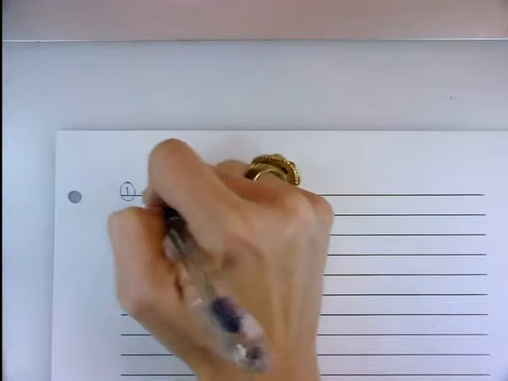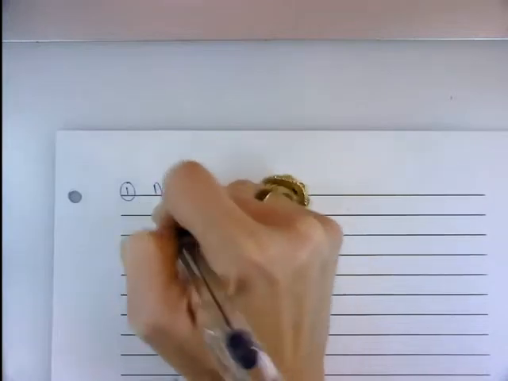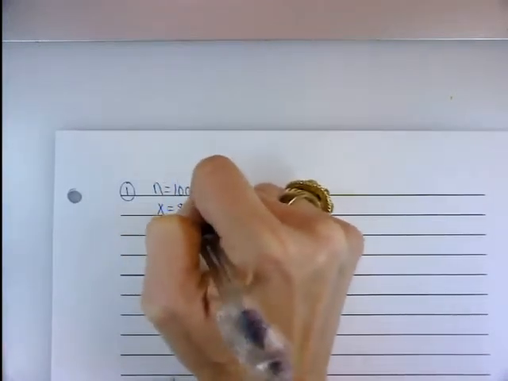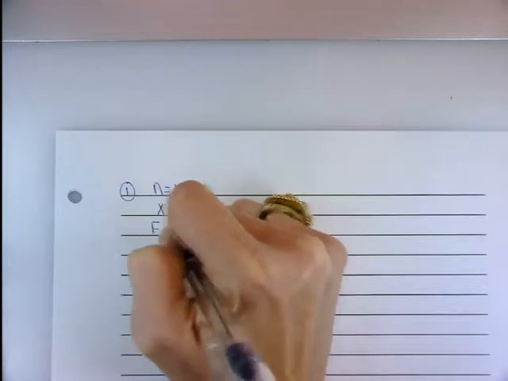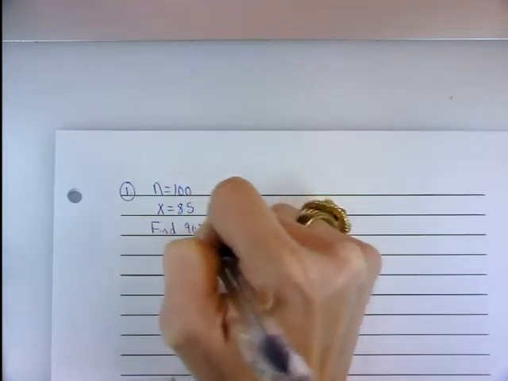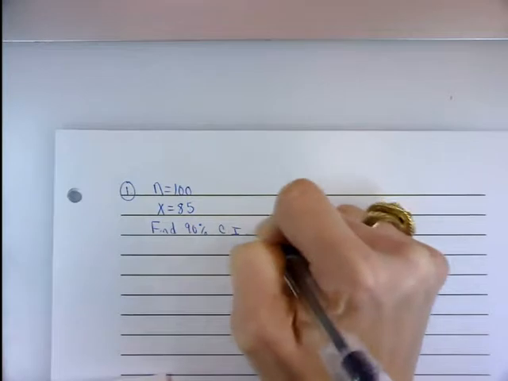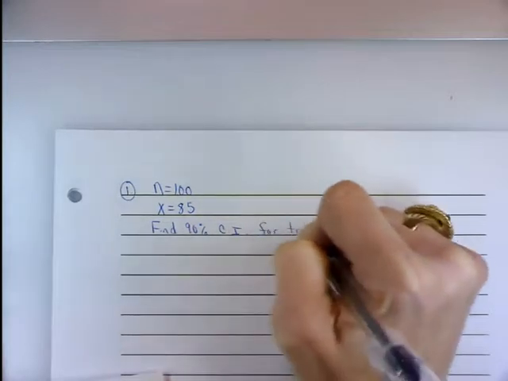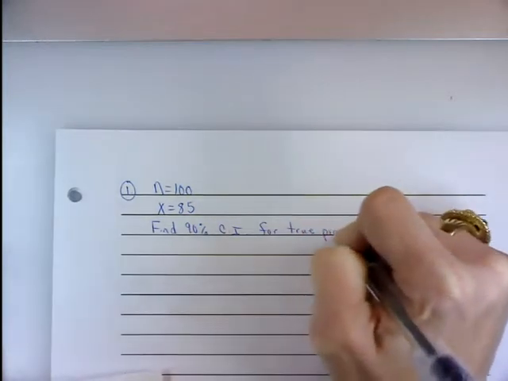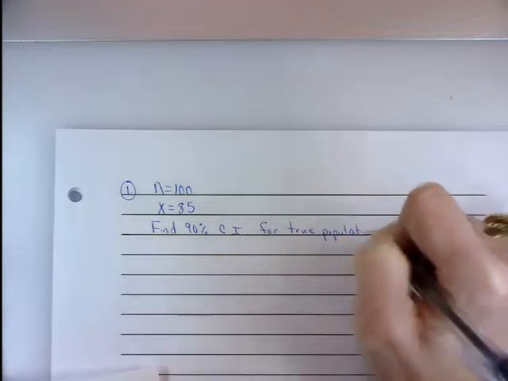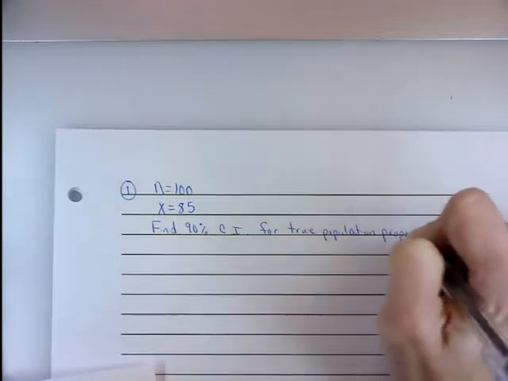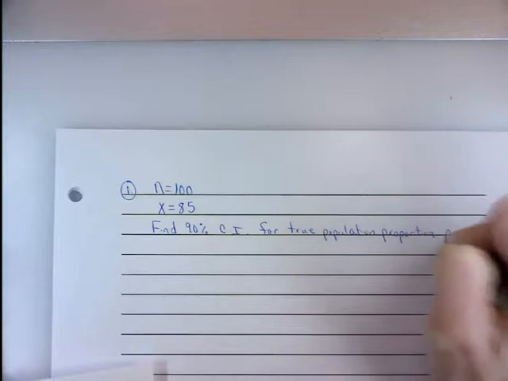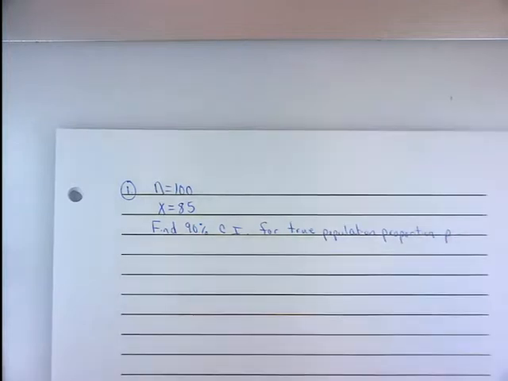Therefore, I'm going to write this down. N is 100. X is 85. And they ask us to find the 90% confidence interval for the true population proportion P. And that's basically all they give us.